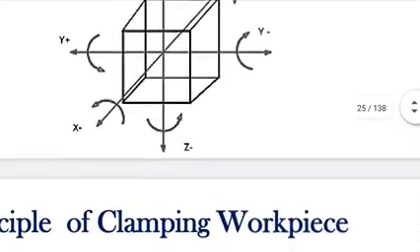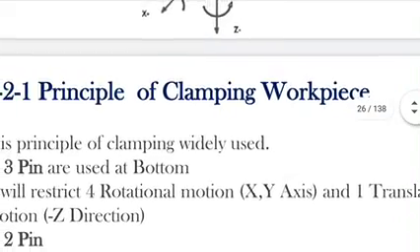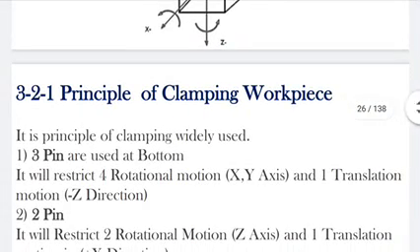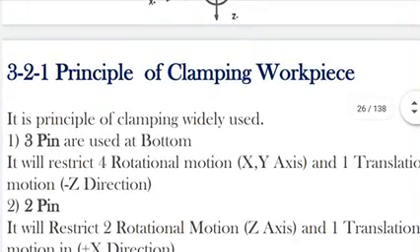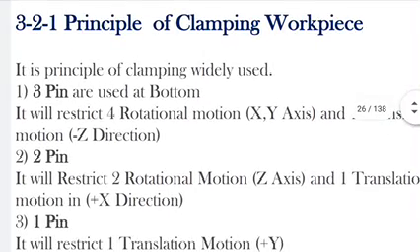So now moving to the next, the principle of clamping of the workpiece. It is a principle of clamping widely used. 3 pins are used at the bottom, therefore they will restrict 4 rotational motions associated with the x and y axis, that is x clockwise, x anti-clockwise, y clockwise, and y anti-clockwise.